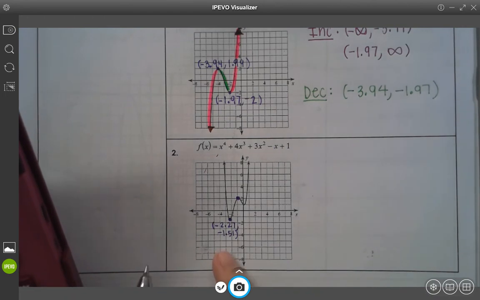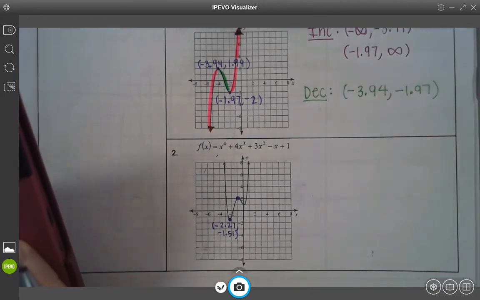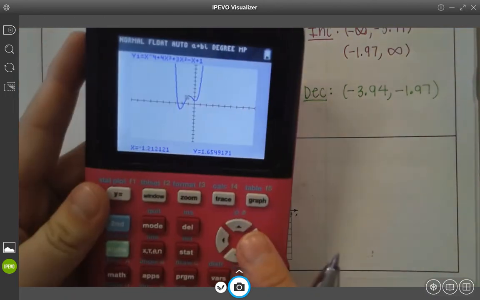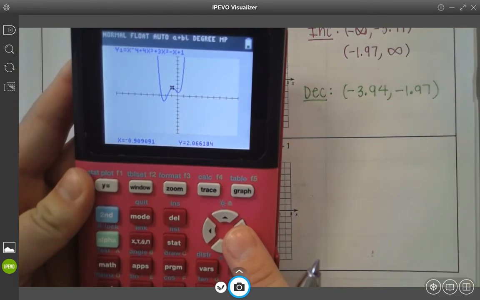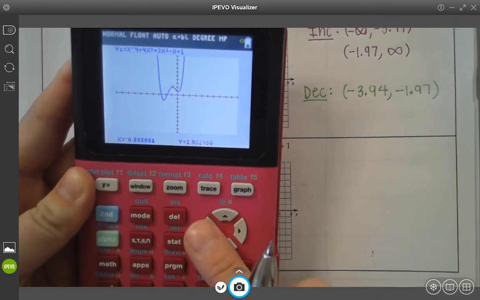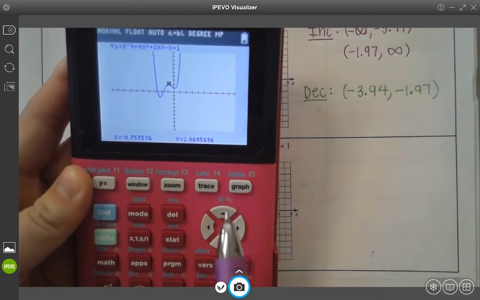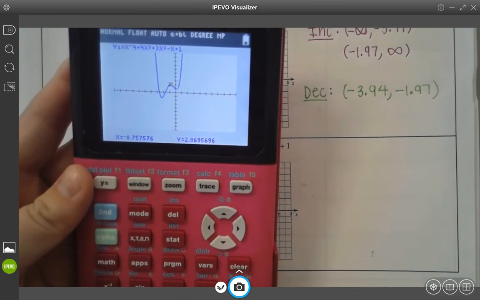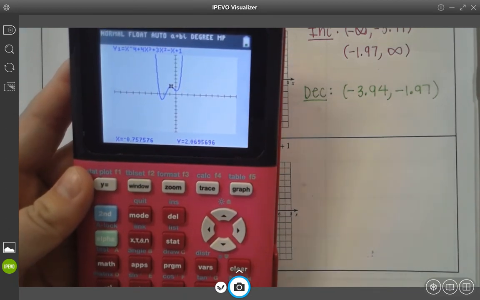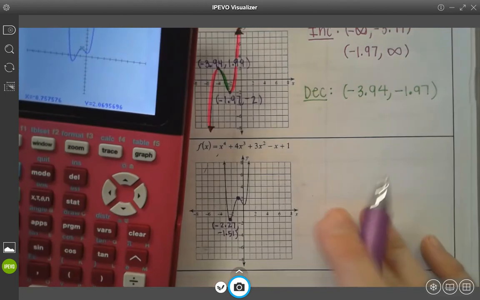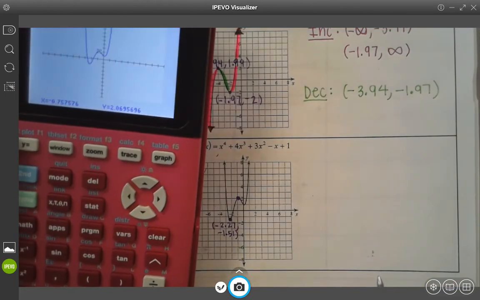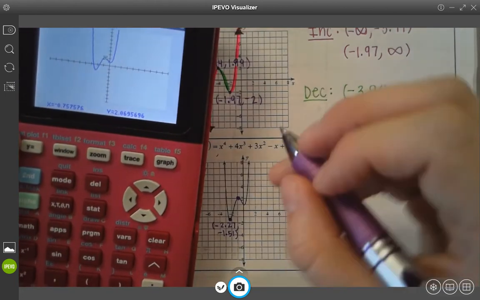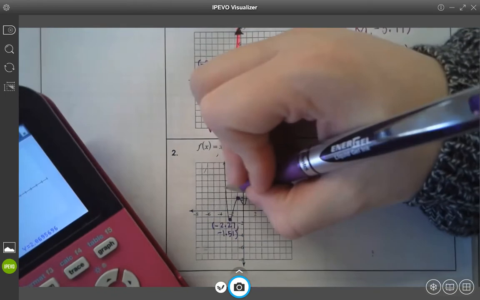That's negative 1.51. So then we go up to the maximum. You hit the trace button, and that'll make it follow that exact graph. So I'm going to go sideways.